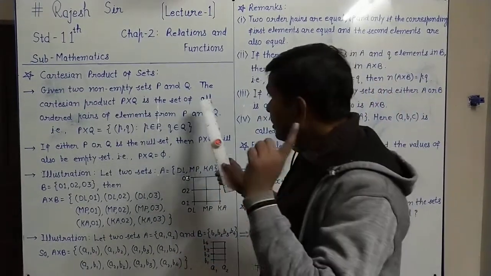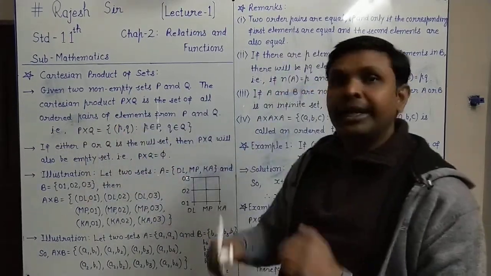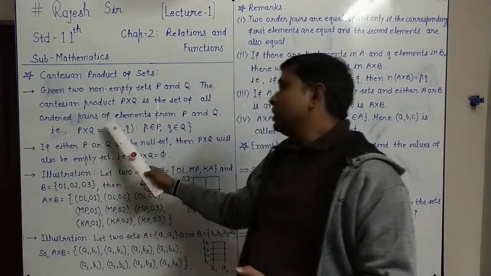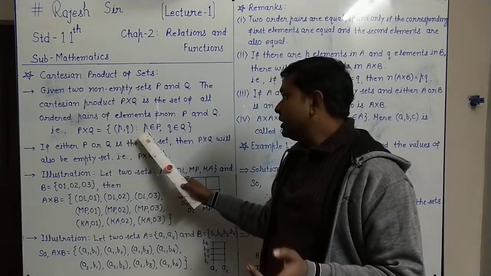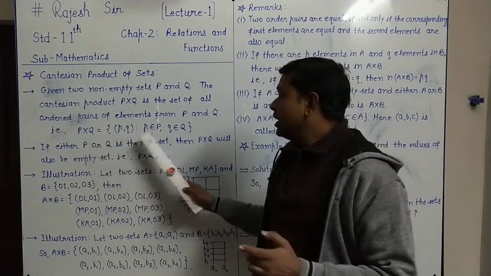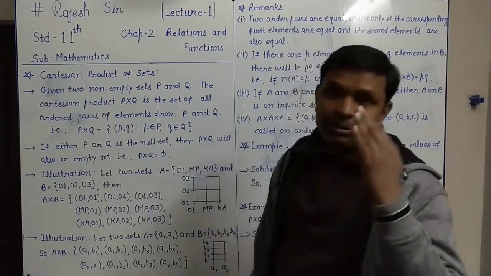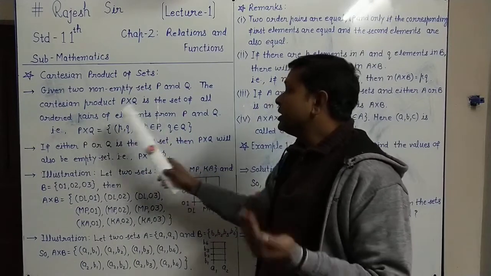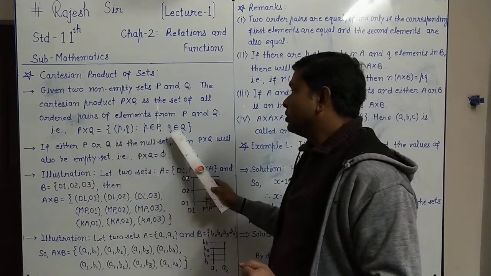We make all the ordered pairs of elements from P and Q. That is, P cross Q equals the set of (p, q) such that p belongs to P and q belongs to Q. The first element will always be from the first set and the second element from the second set.